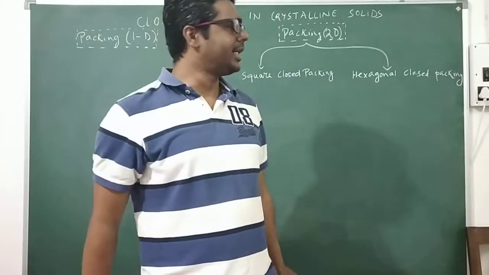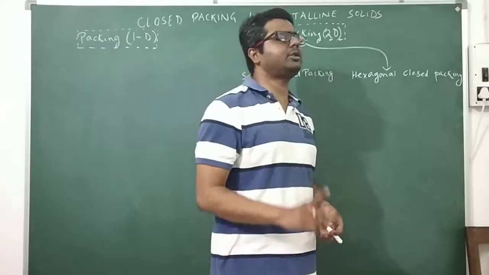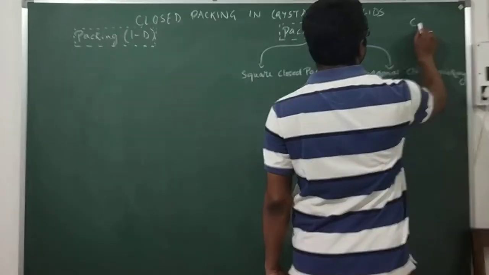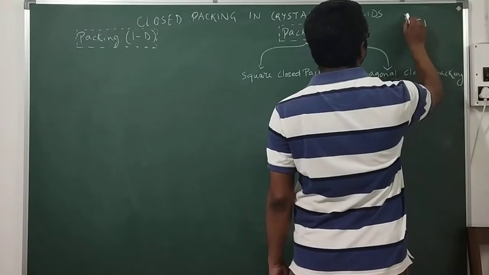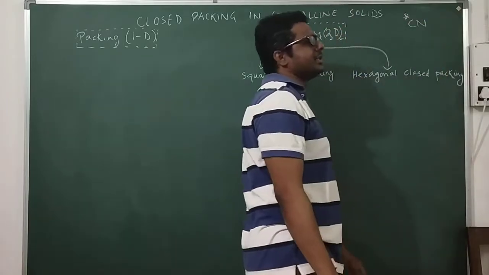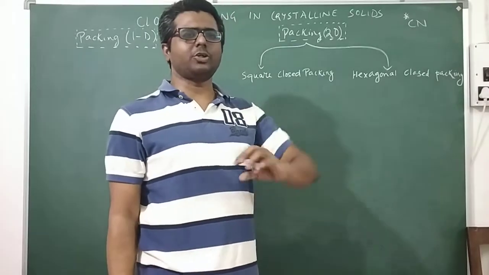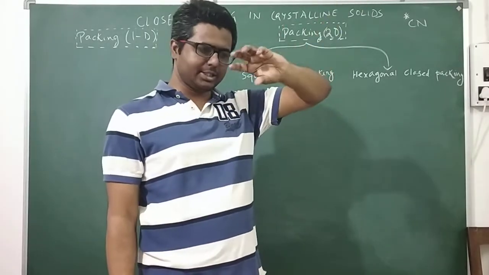Very simple things. Remember, in solid state there are 2-3 things that are very important. Number one is coordination number, a very important term. Coordination number is basically the number of atoms a single atom is attached to.